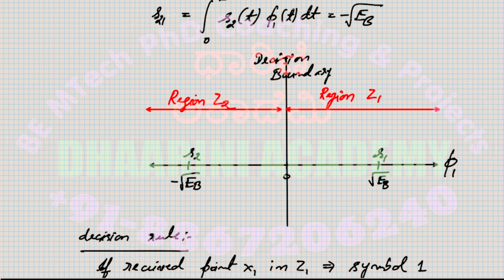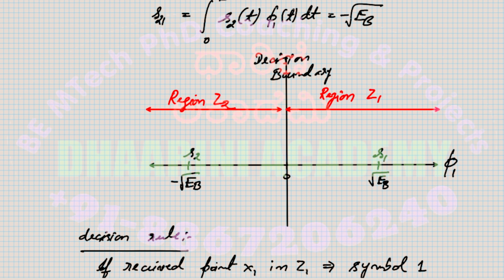I think you can answer after looking at the decision problem. So you send a 0, that means in region 2 you send, but if you receive the symbol in region 1, that is an error, right?